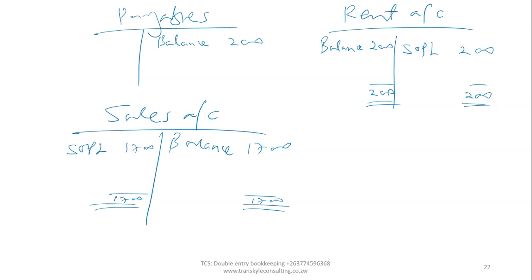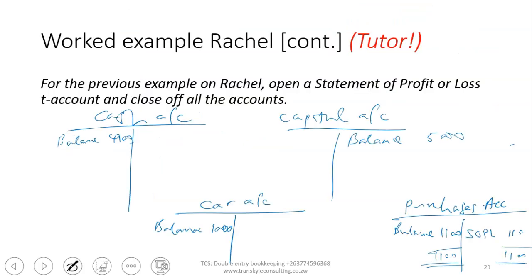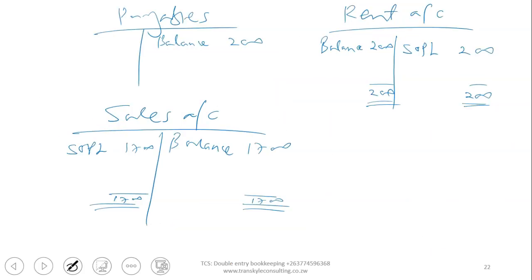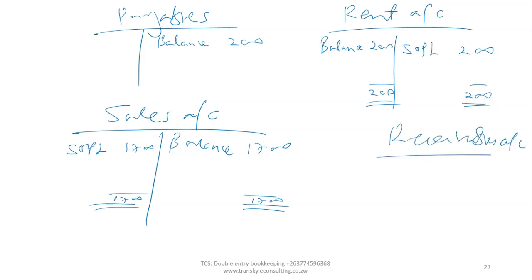Okay, which account is left? We didn't talk of the receivables. The receivables account. Receivables by nature are assets, so we expect to see their balance on the debit side, and these receivables affect the SFP, the statement of financial position, but not the statement of profit or loss.